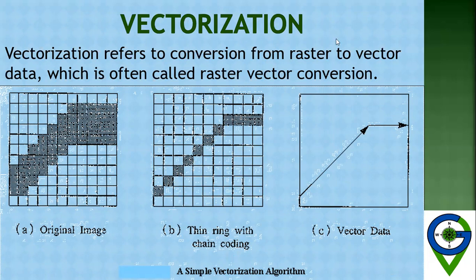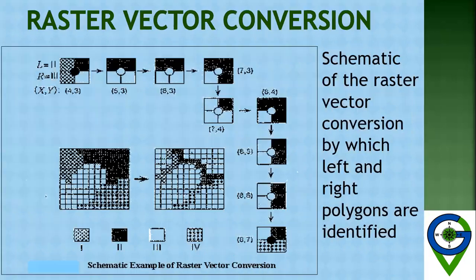So this is the original raster image. Then thinning with chain coding will convert this into vector data. So this is a simple vectorization algorithm. Then raster-vector conversion: this is the schematic of the raster-vector conversion by which left and right polygons are identified.